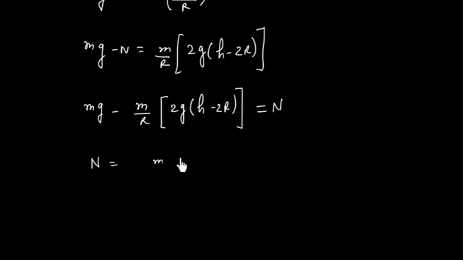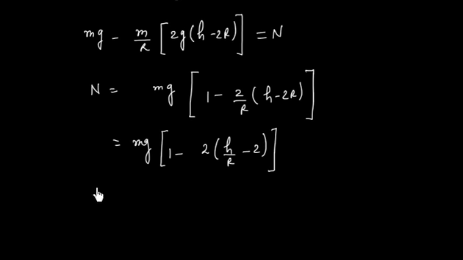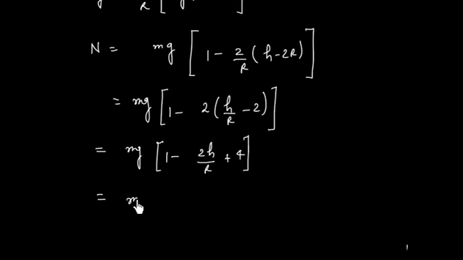If I take m and g common, we will have N equal to mg times (1 minus 2(h minus 2r) by r), or mg(1 minus 2h by r plus 4). So this is mg(5 minus 2h by r).